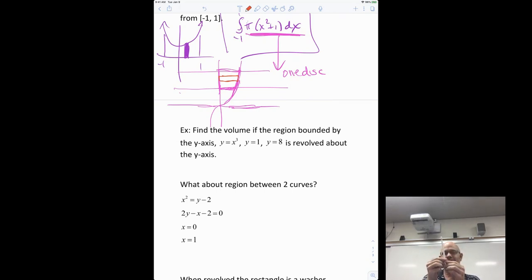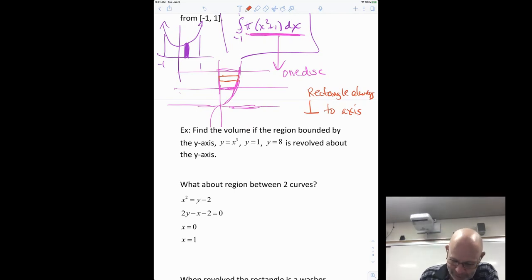If we take this and revolve it this way, we get something different. We'll talk about that in the next section. So right now, the rectangle is always perpendicular to the axis that we're rotating it about. Okay, always, because that makes the disk.